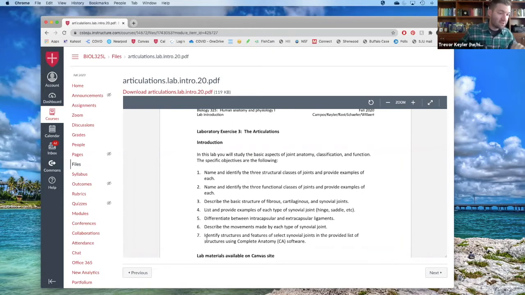All right, so let's start with item 1 here. Let's go with name and identify the three structural classes of joints, providing examples of each. So I'm going to go ahead and bring up my PowerPoint here.